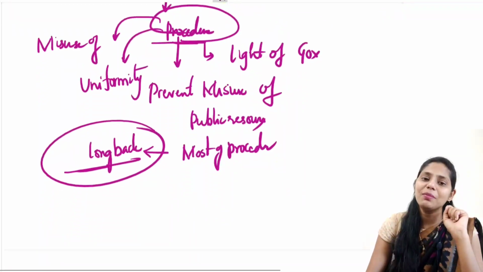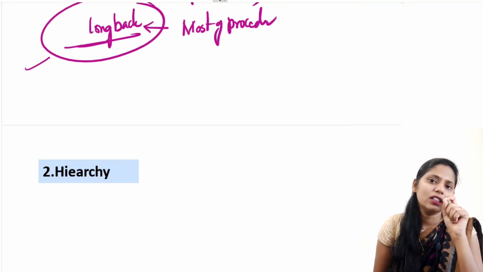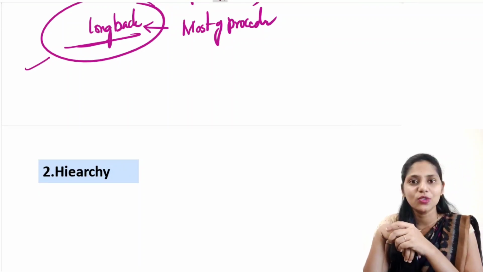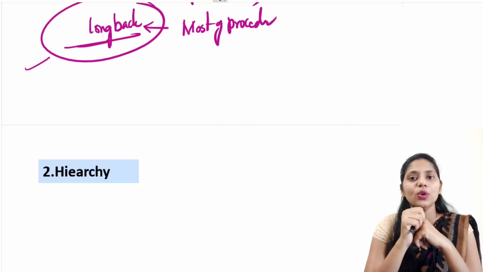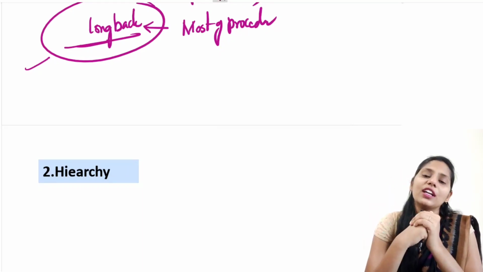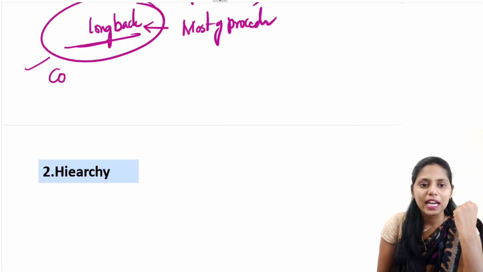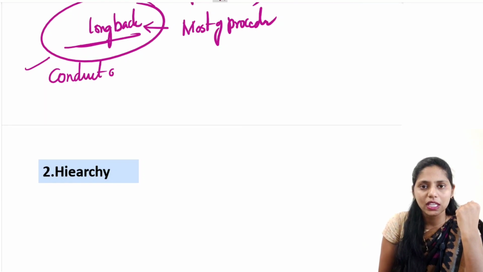For example, I will give you one common example. I think you might have watched one movie called Dhruva. In that movie, the hero highlighted one important issue, that we need to bring some changes in the conduct of autopsy.